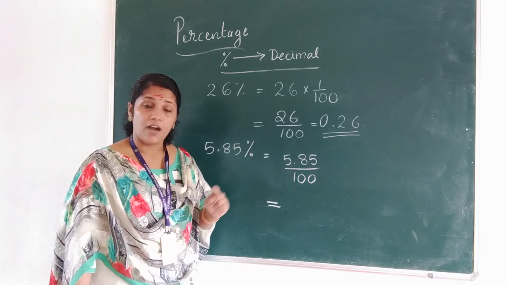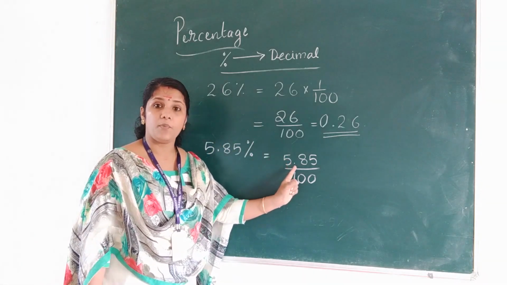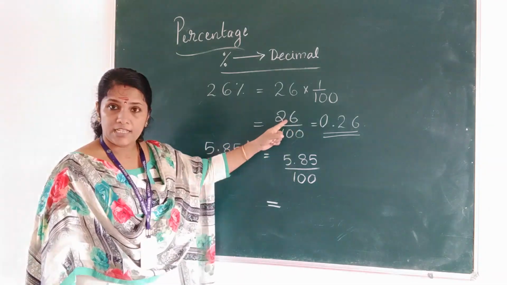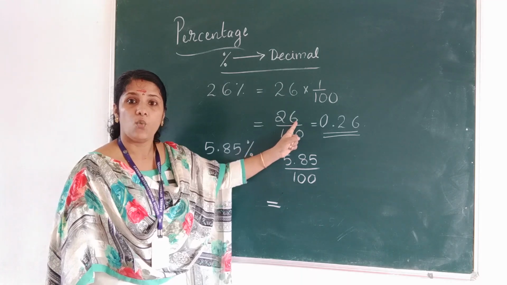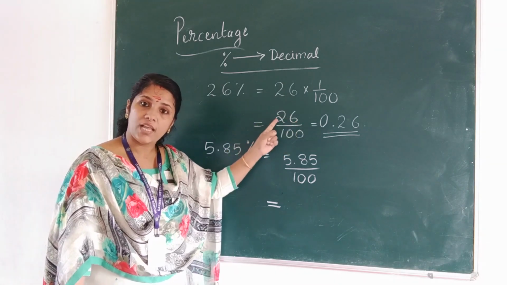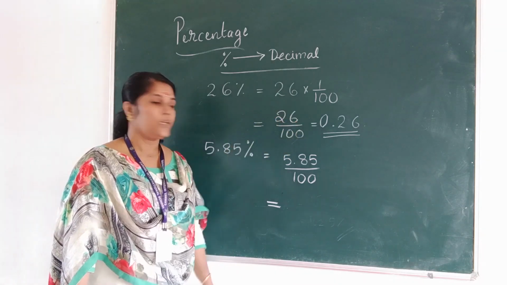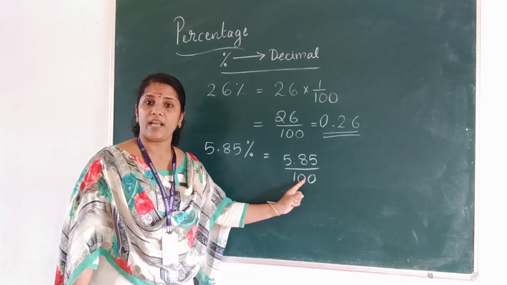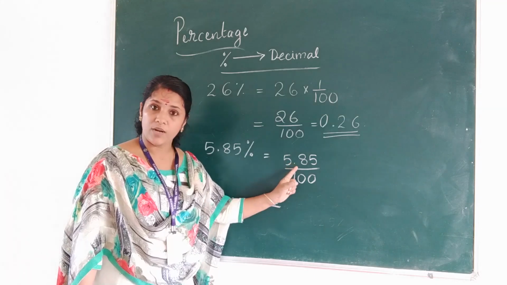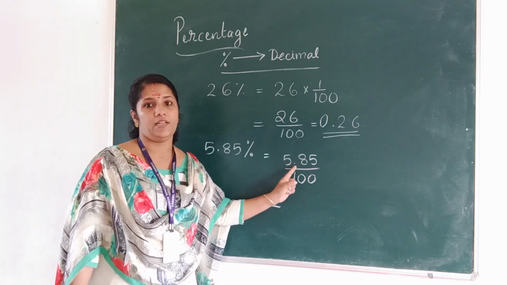But we should start from the decimal point. Look here. There is no decimal in the numerator, right? So we started from the one's place, moving to the left side by 2 jumps. Here also 2 zeros are in the denominator. We should start from the decimal point.